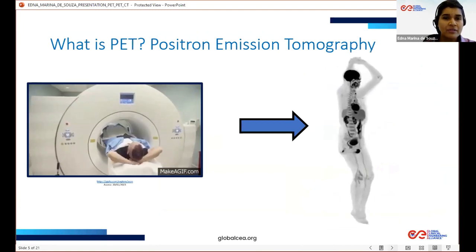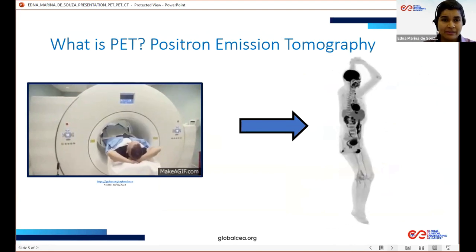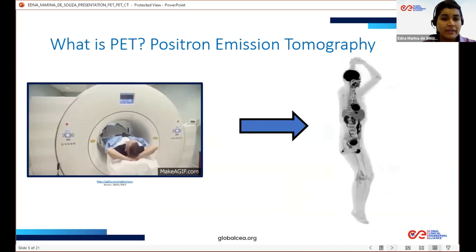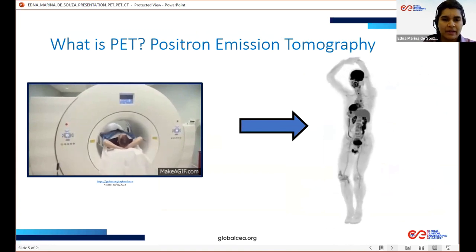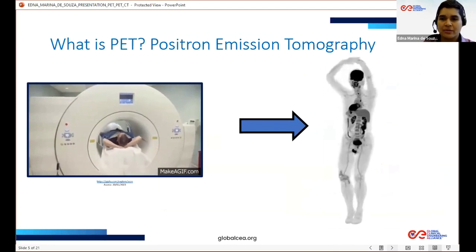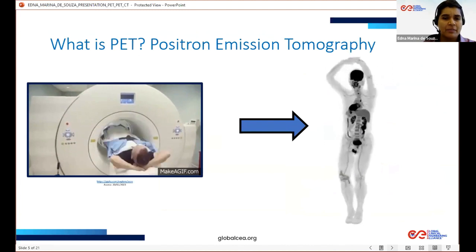PET means positron emission tomography. On the left, we have an example of a PET scanner, PET machine. It's a metabolic imaging technique based on insertion of a radiopharmaceutical positron emitter in the patient's body.